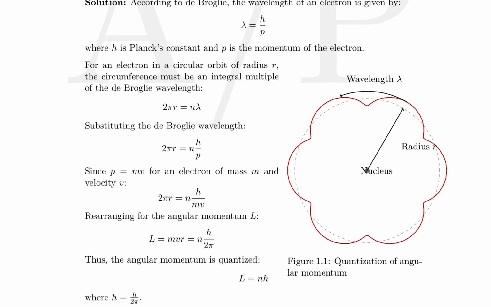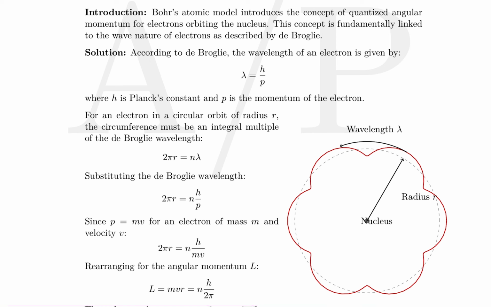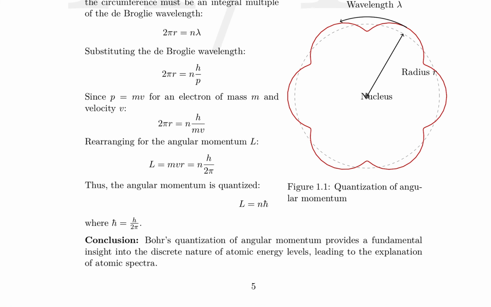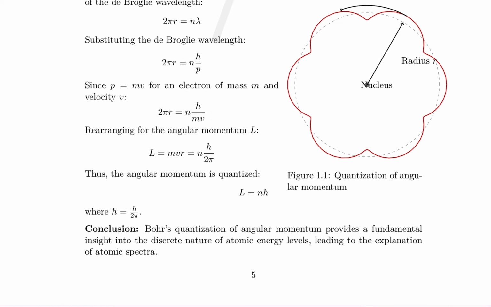Now we will substitute the value of lambda from the concept of de Broglie waves in this equation. So 2 pi r equals n into h upon p. Now p is the momentum of the particle, so we write 2 pi r equals nh upon mv. Now we rearrange the left hand side and the right hand side of the equation.